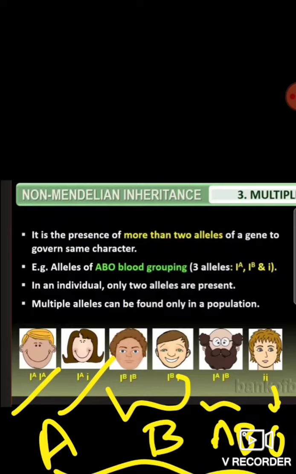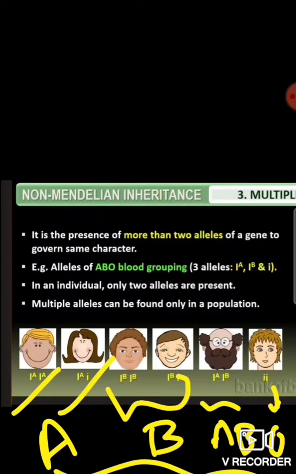Multiple different blood groups are expressed in one population. If you consider blood group as one character, there are different blood groups A, B, AB and O. So these blood groups are expressed by multiple alleles. Not just one type of allele expresses, other types of alleles also express.